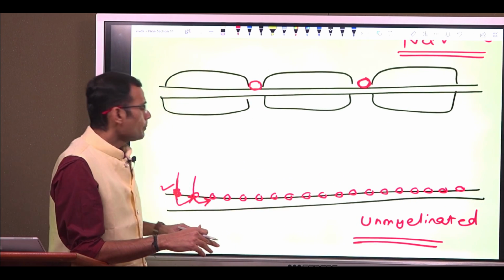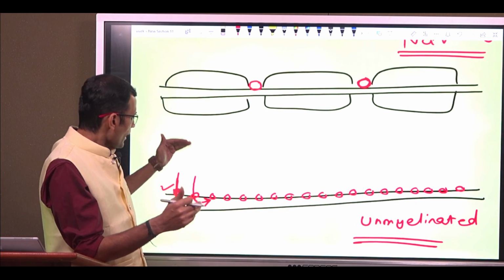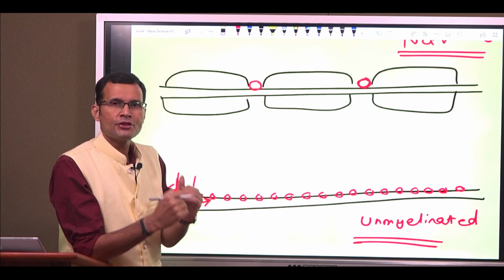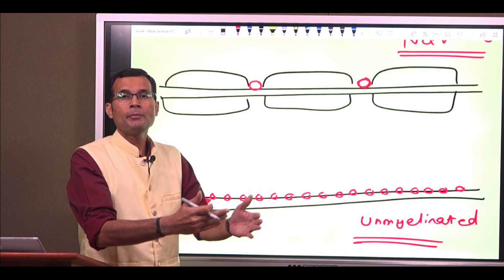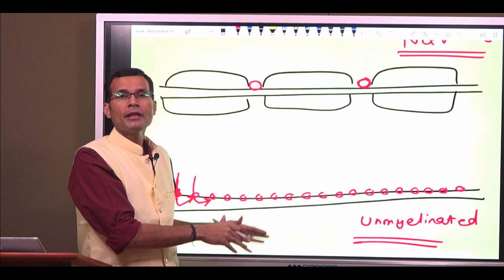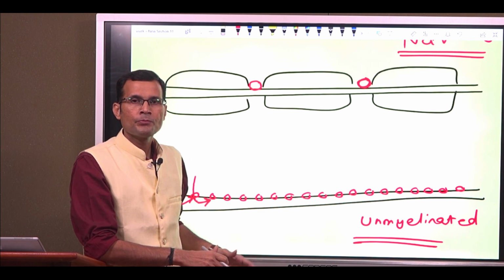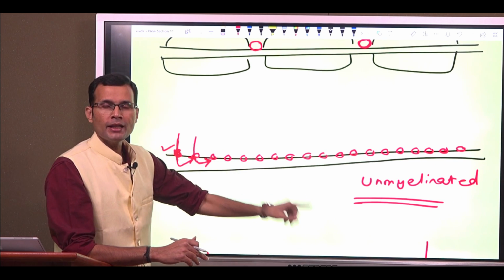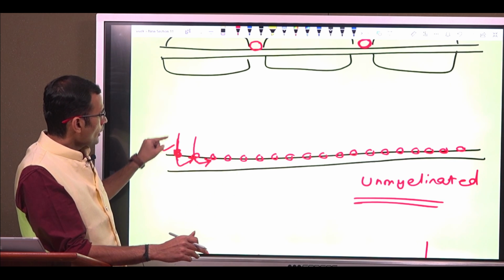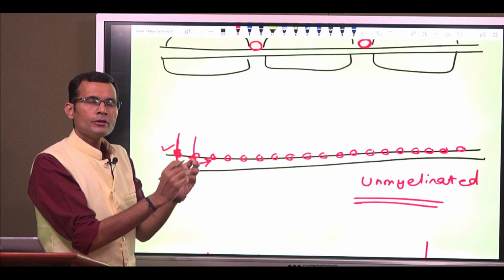So the positive charges which have come in leak out of the membrane due to this membrane capacitance.